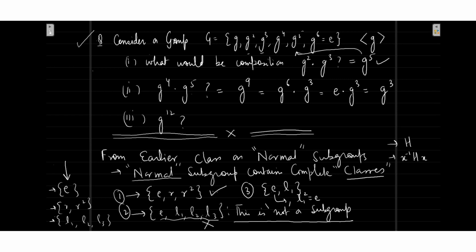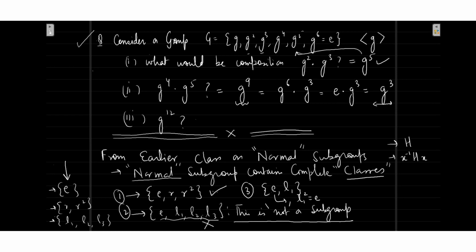Please see that when we say the multiplication table is such that the closure property is met, you will have to figure out at times that even though G raised to power 9 may not be explicitly in this cyclic group, it is there in some form, in terms of a distinct element, G cube. What about G raised to power 12?